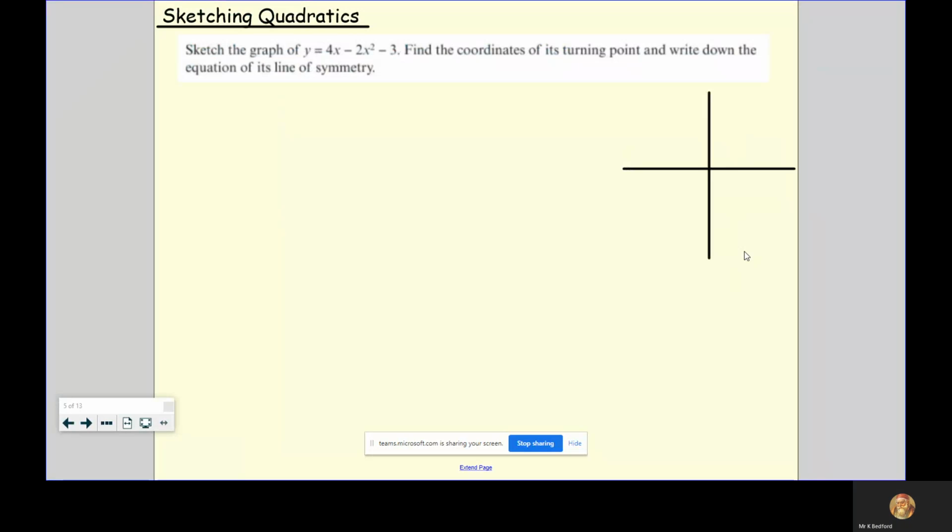So, first thing that I would like us to note is that this coefficient of x squared, our a value, is -2. So therefore, that's meaning my sketch is going to look like a negative graph. So my sketch is going to look something like this. So therefore, our turning point is going to be a maximum.